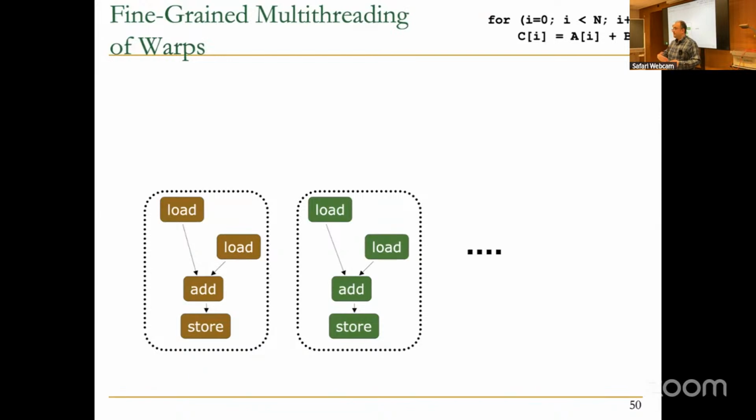And that's why NVIDIA does not only rely on this fine-grained multithreading of warps. They also added caches. They try to, for example, have a deeper cache hierarchy in order to reduce memory access latency. But the main focus is actually fixing stalls by using fine-grained multithreading.